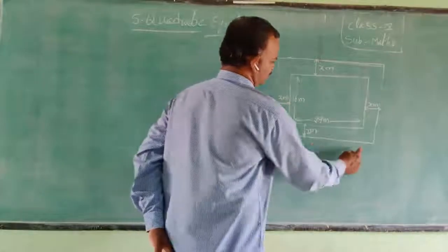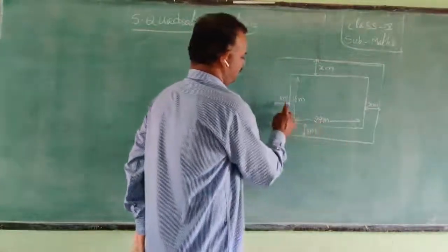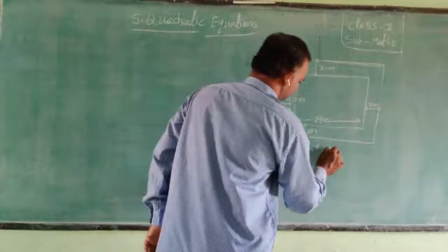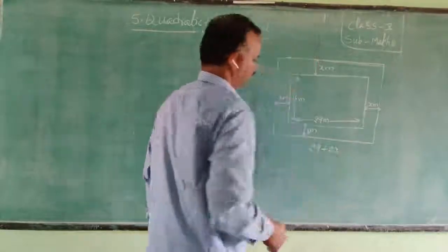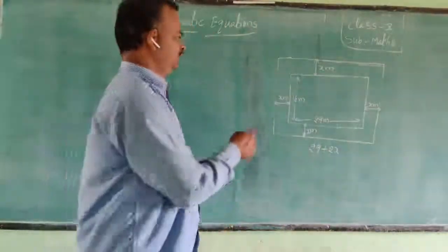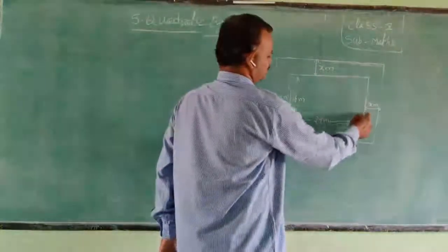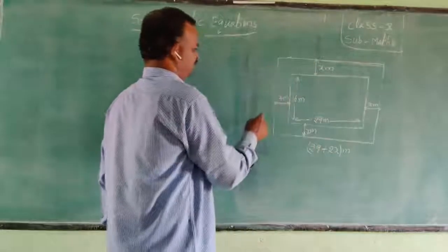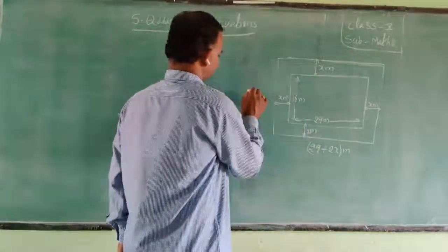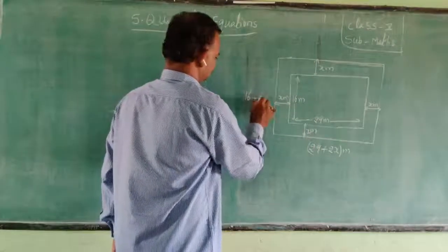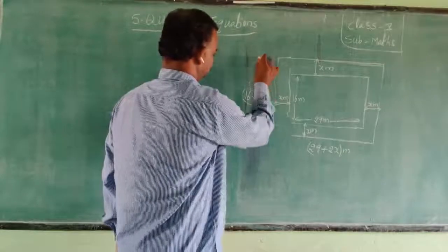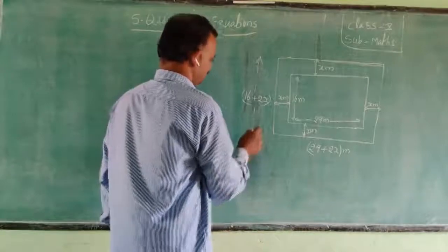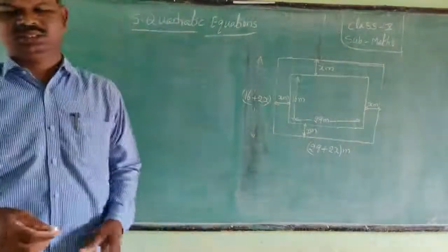Therefore, the length is 29 plus x plus x, that is 29 plus 2x meters. And the width is 16 plus 2x.